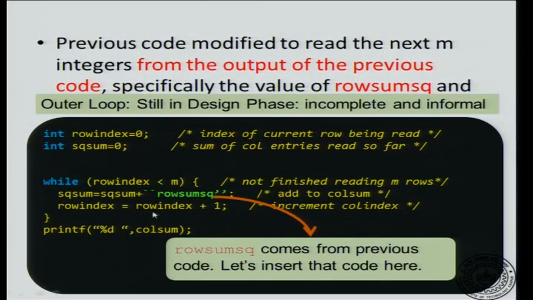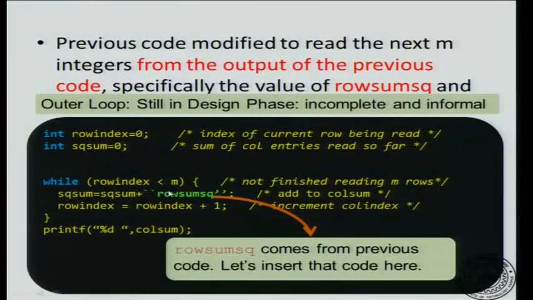Okay. So for each row you will end up with a row sum squared, and you have to add all those row sum squareds together. Okay. So in this, the row sum squared comes from the previous code. So this is how we will visualize the outer loop.